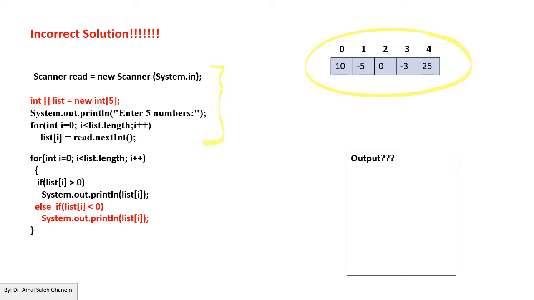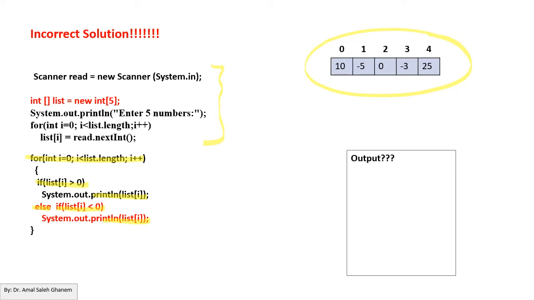And then I will have my for loop from the beginning till the end. If the element is greater than 0, I will do the output. And instead of having another for loop, let's say just else if the element is less than 0, I will do the output, which means I'm combining the two conditions into one for loop, instead of having two separated for loops.